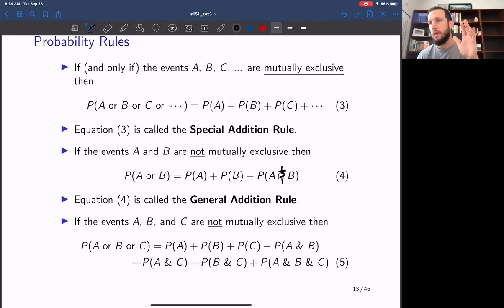The point is, anytime we have multiple events within the space and we want the union, we have to know which events are intersecting and which are not, because that influences how we compute the probability of the union, since we do not want to double count the intersection. Equations 4 and 5 both assume that all events intersect with each other. But we can have situations where this isn't the case, for example, intersection between A and B, but no intersection between B and C, and you have to account for that.